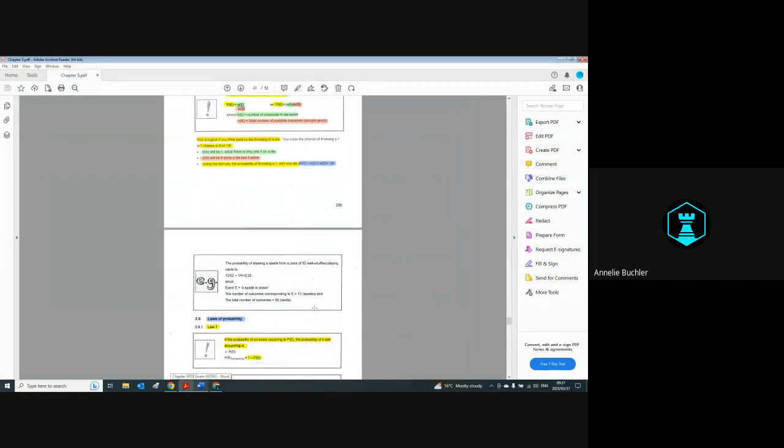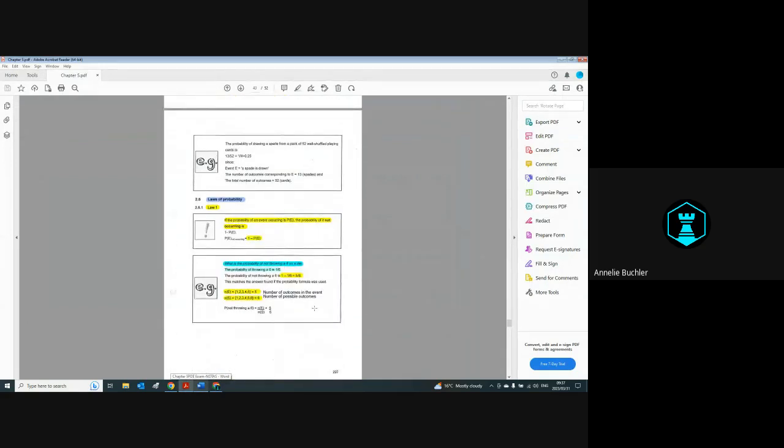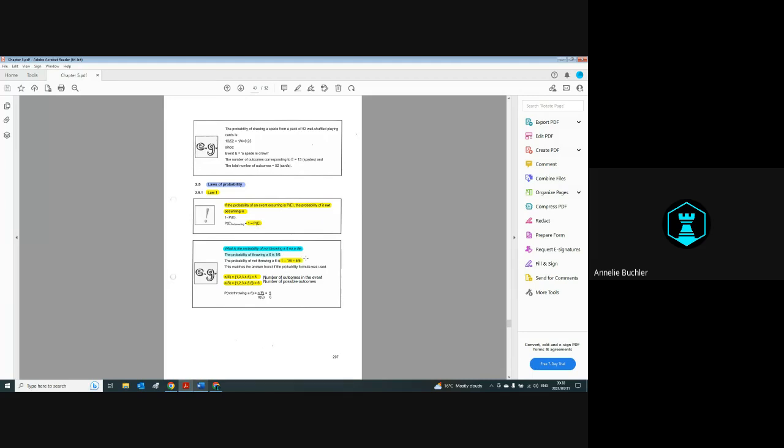Now the laws of probability. There are 3 laws of probability. I also marked them in the notes in detail. If P(E) is the probability of an event occurring, the probability of the event not occurring is 1 minus P(E). So what is the probability of not throwing a 6 on the dice? The probability of throwing a 6 is 1 out of 6.